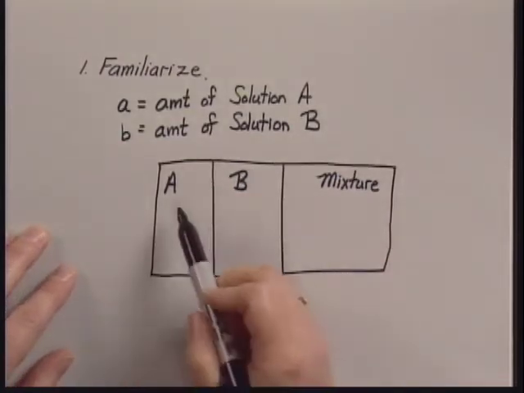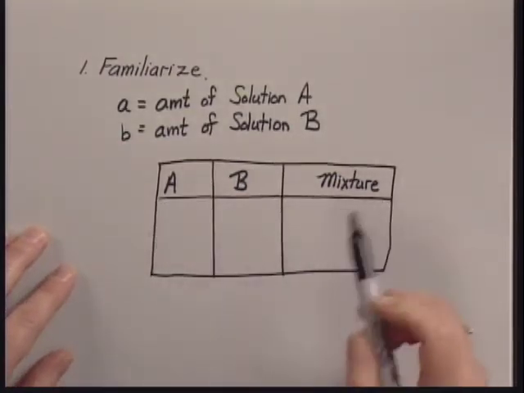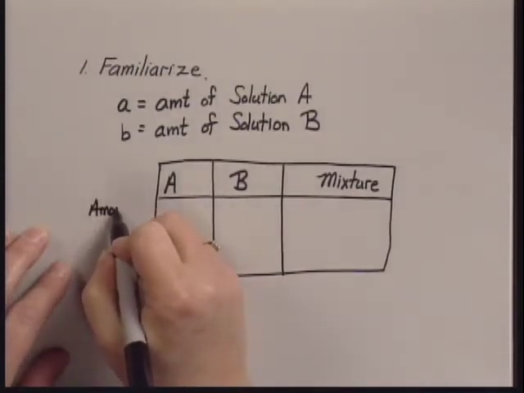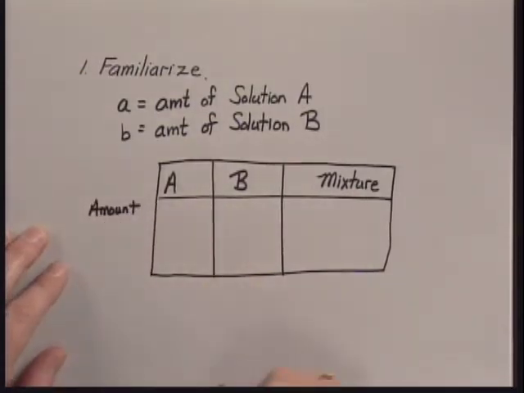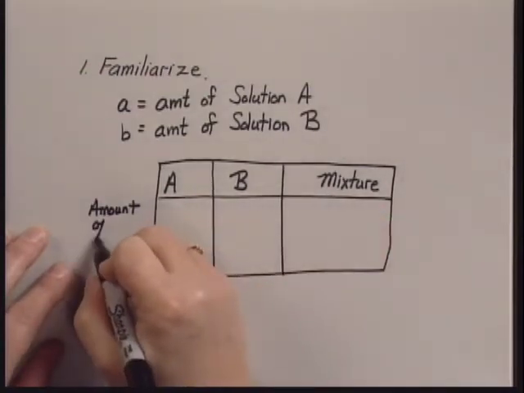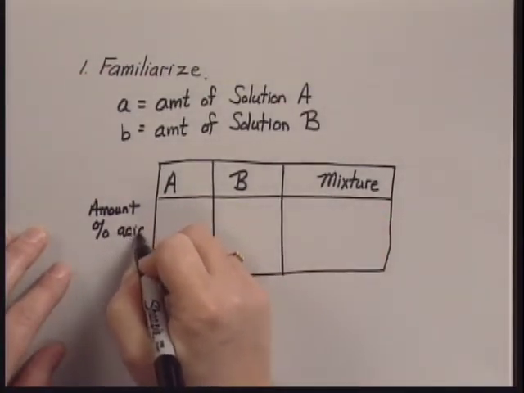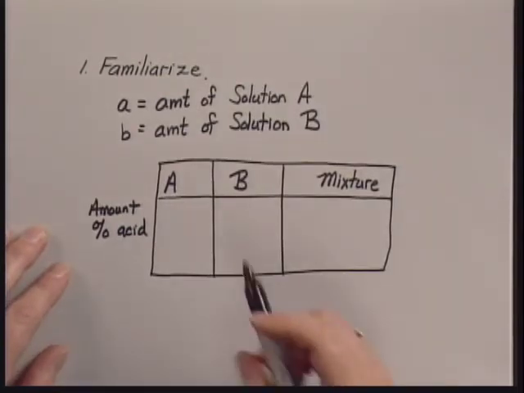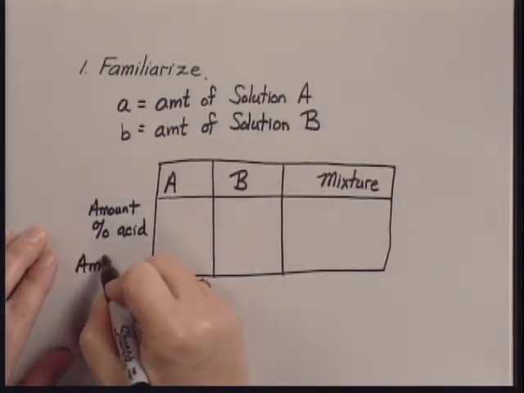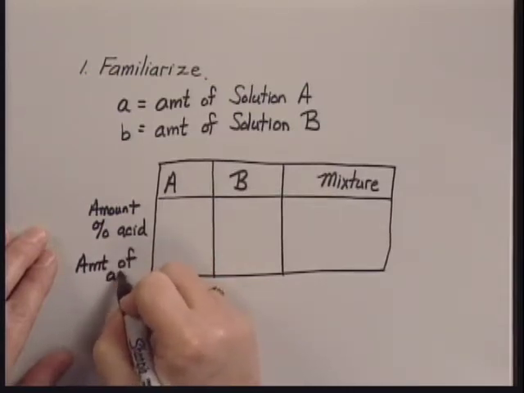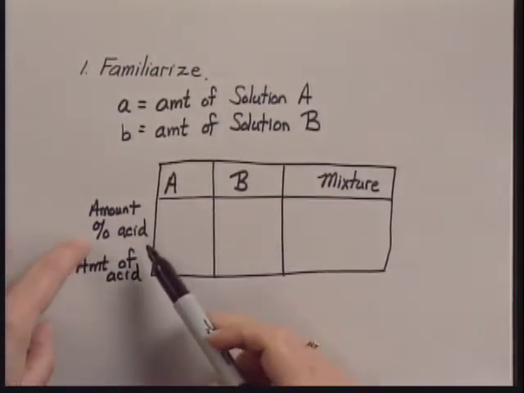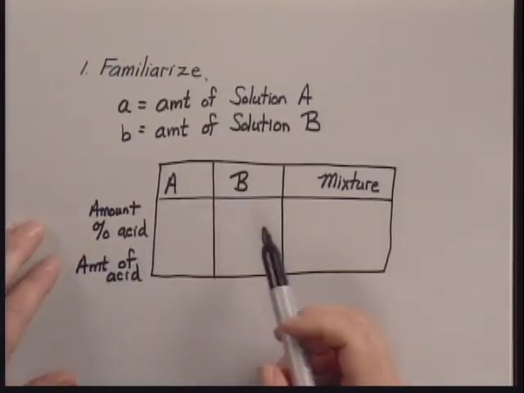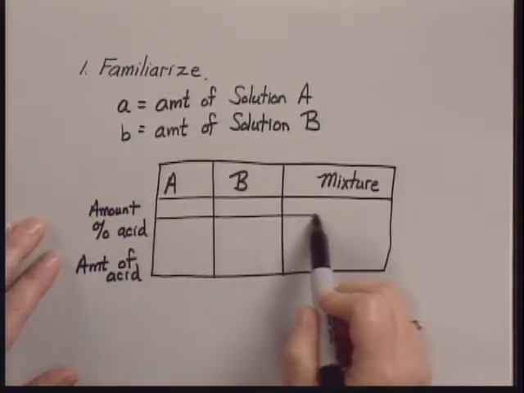Now, what about the rows of the table? We'll be looking at the amount of the solution, the percent that is acid, and the amount of acid. This is not the same as the percent of acid, but is actually the amount of the solution that is acid, and we need all three of those pieces of information.